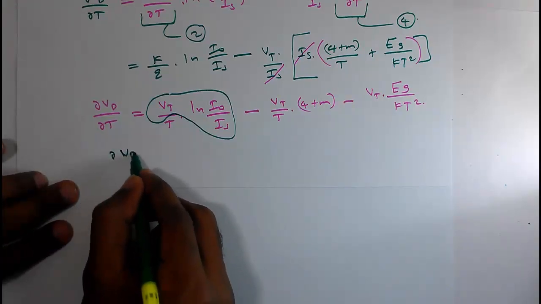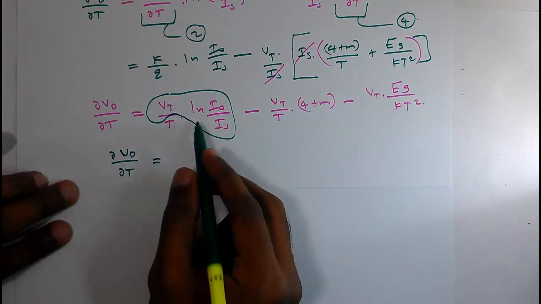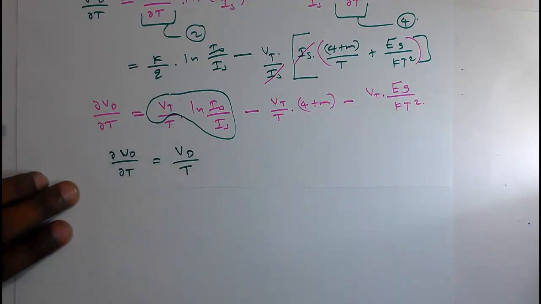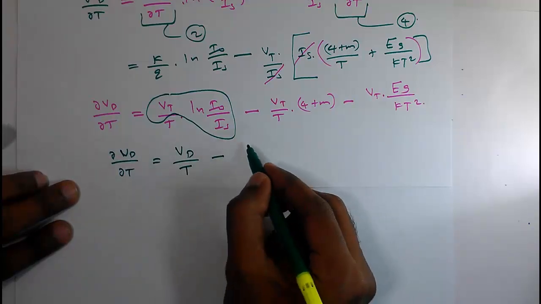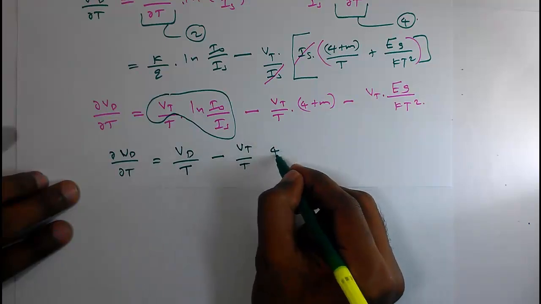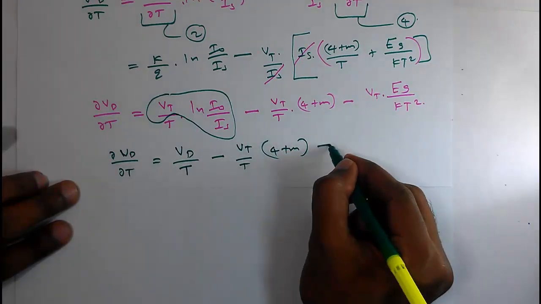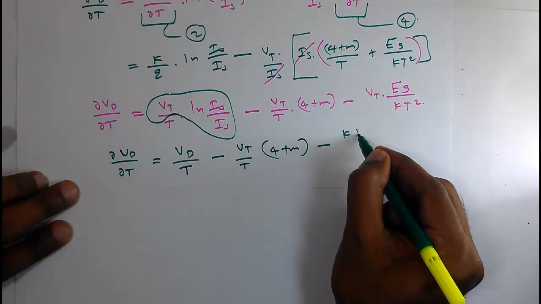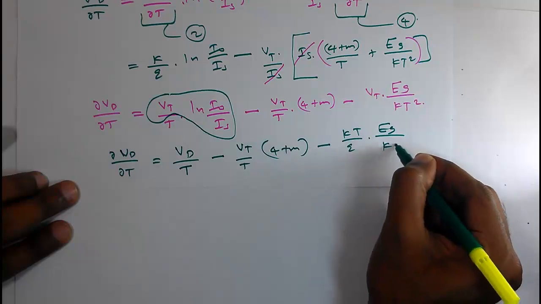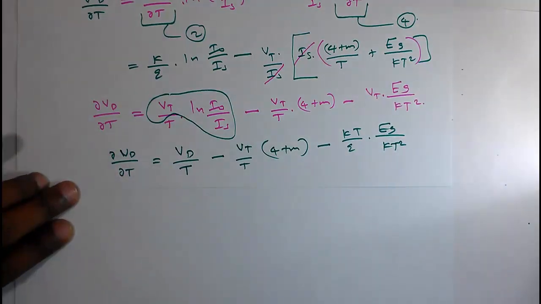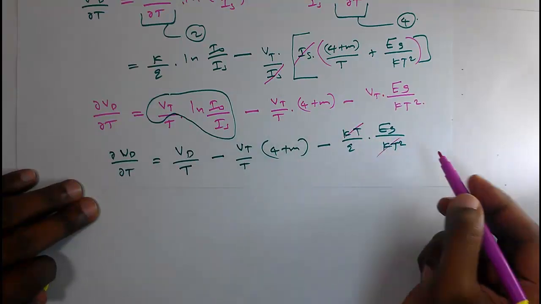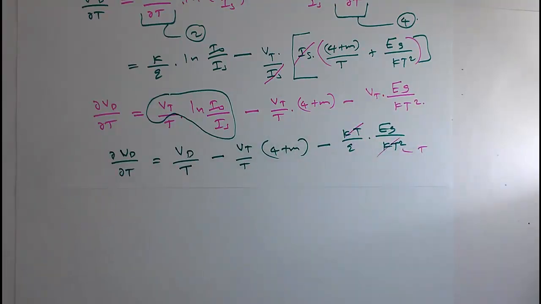So ∂Vd/∂T equals, this is nothing but Vd/T, where Vd is the voltage across the diode, minus (Vt/T)(4 + m), minus Vt, which I am writing as Kt/q, times Eg/(KT²). So one KT I can cancel here, this KT and this KT cancel, and one T will remain.